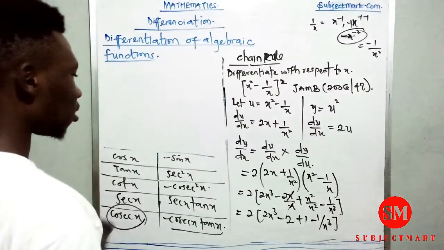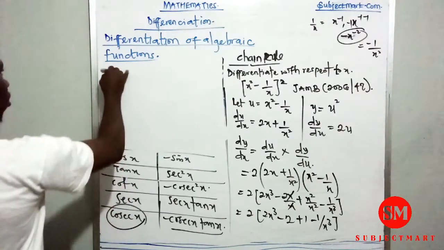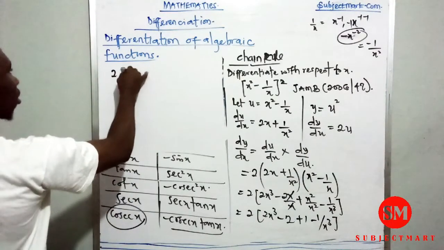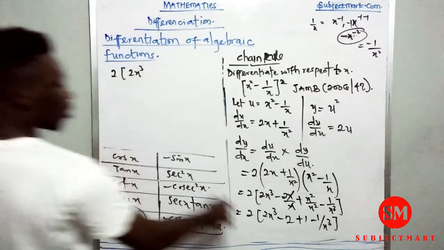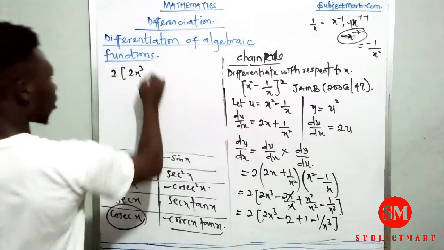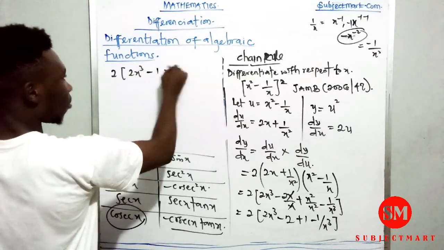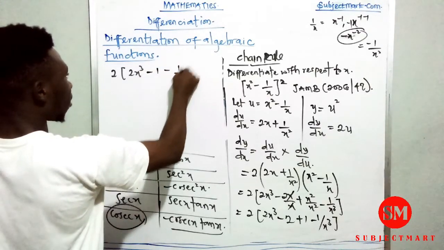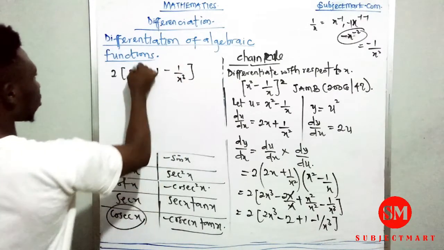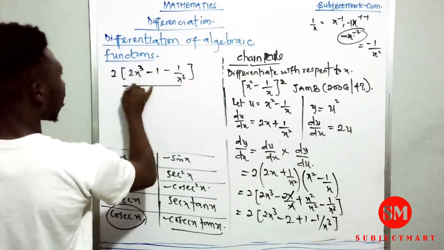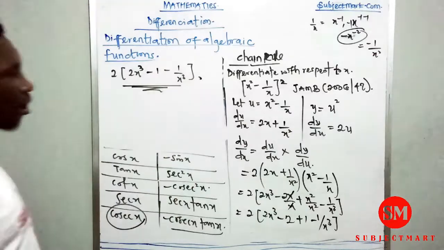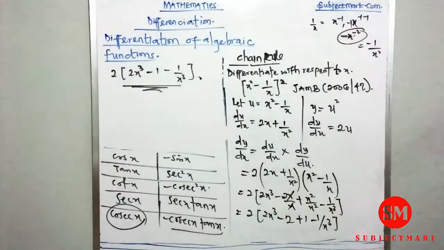We can now proceed to give us 2 open bracket 2x raised to power 3 minus 2 plus 1, which gives minus 1, minus 1 over x raised to power 3. So at this junction, you can leave this here as your final answer.